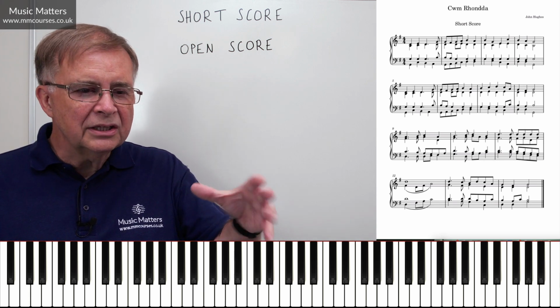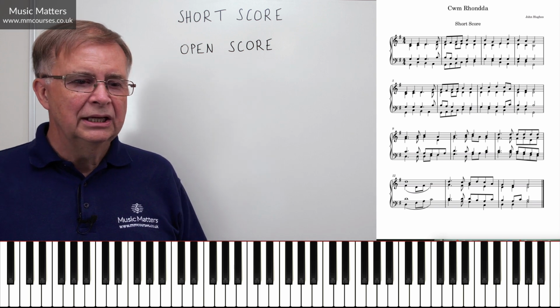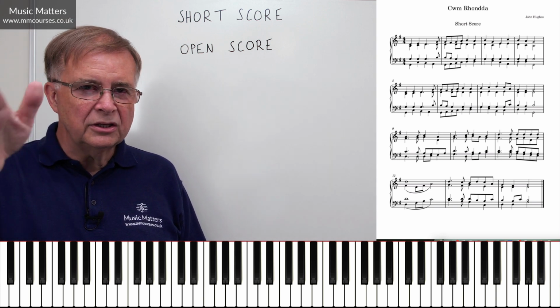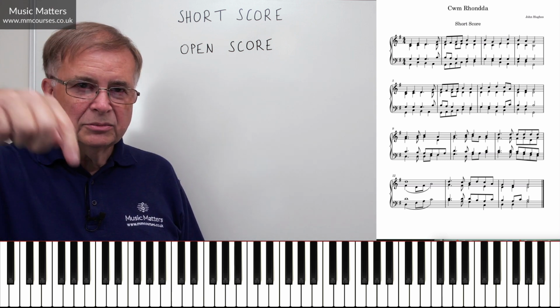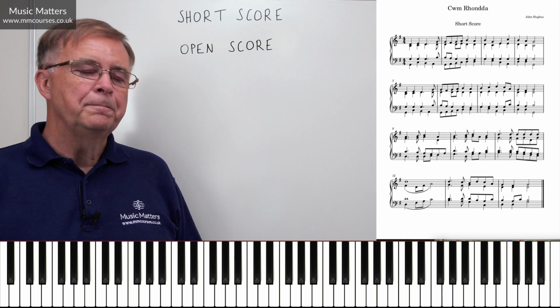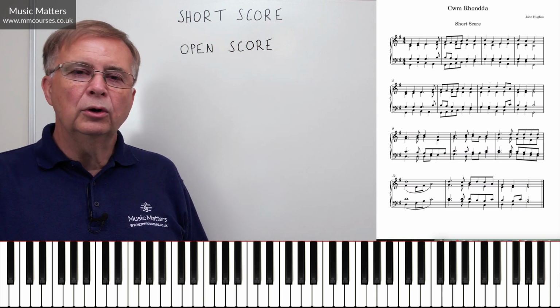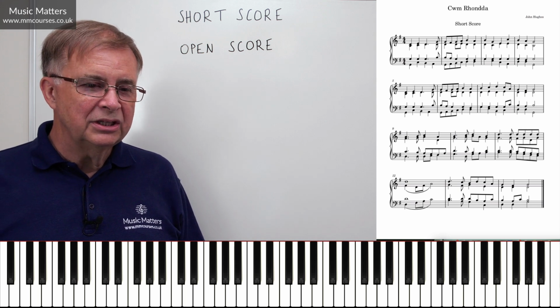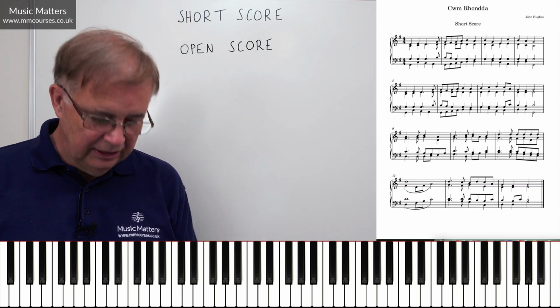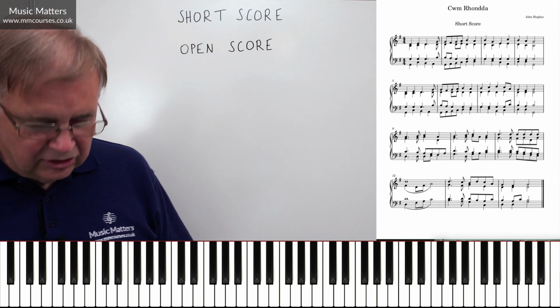So when we look at this score, we can see straight away that in the treble clef, all those notes with the stems up are soprano notes, all those notes with the stems down are alto notes. When we look at the bass clef, all the stems up belong to the tenors, all the stems down belong to the basses. So you can see how that actually looks in the score.